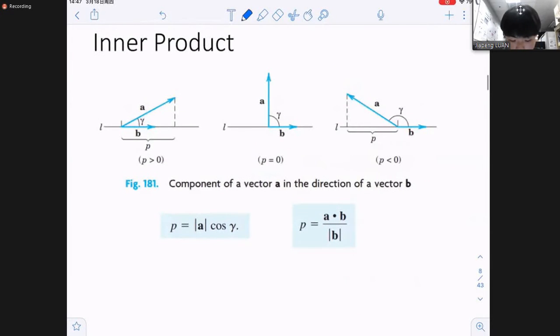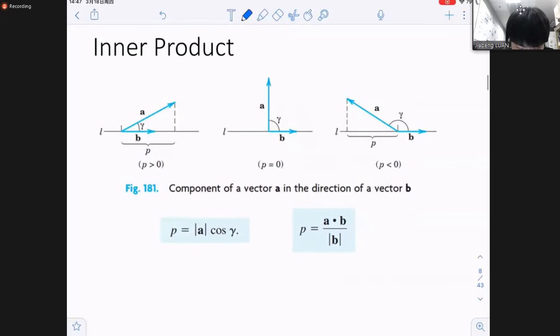And then this is something more about inner product. If you have vector A and vector B, you want to calculate the projection of A onto B. So how do you calculate this projection?